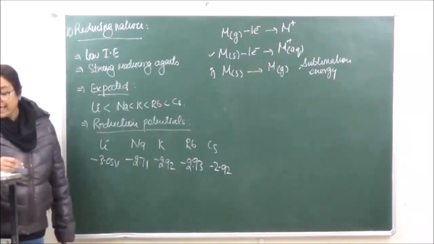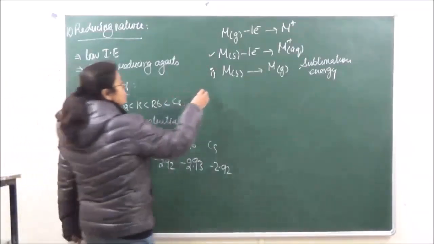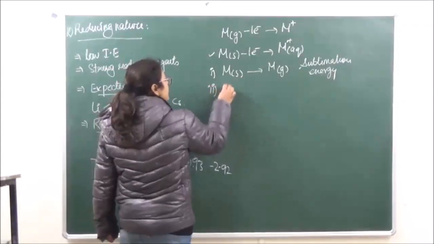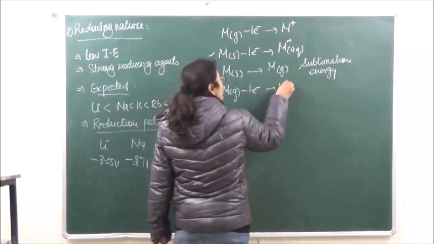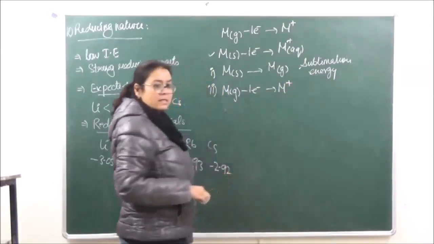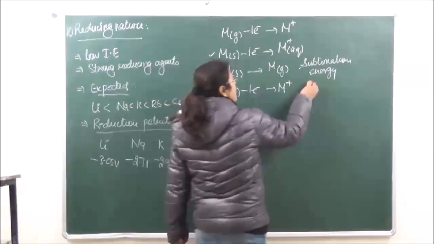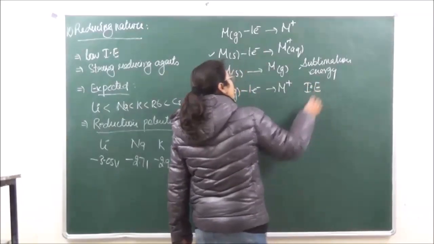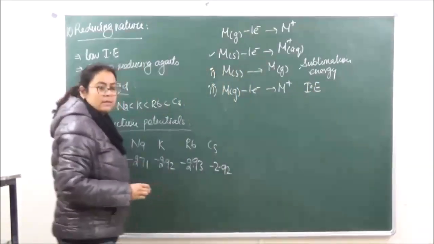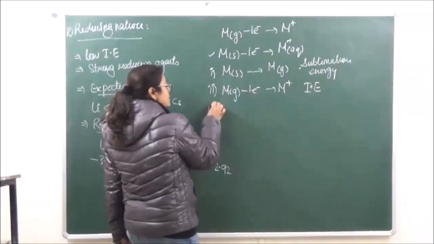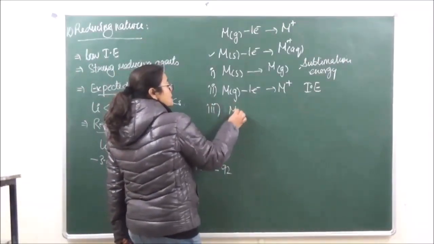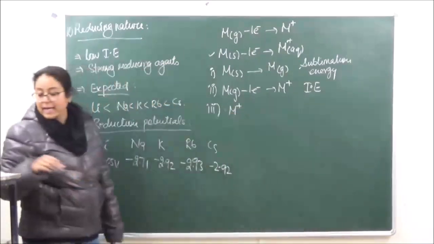The second step is now this gaseous state, M gaseous will lose 1 electron to go into M positive state, and the energy which is required over here is going to be ionization energy. And then the third step, this M positive is now going to get hydrated.